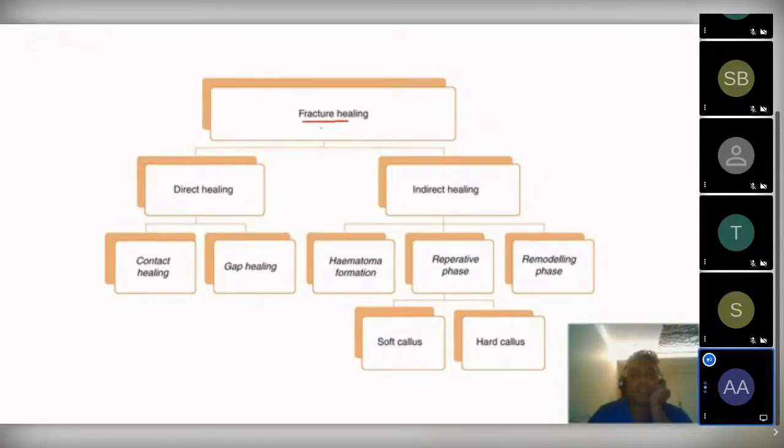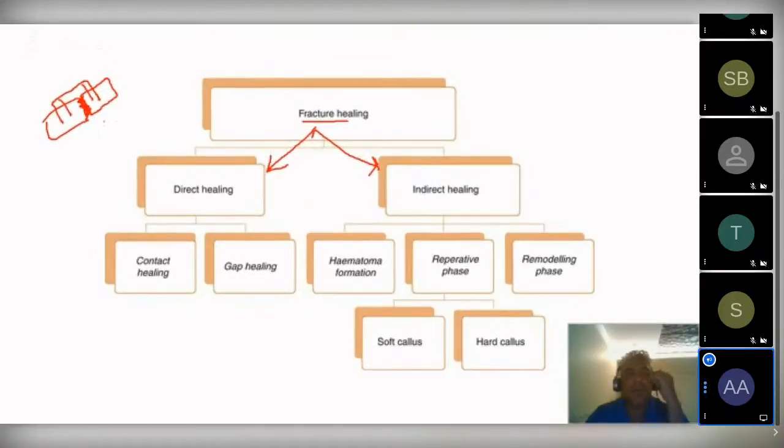Fracture healing can be direct healing or indirect healing. Direct healing means if the fracture is reduced to a hairline reduction and fixed by a plate, there is directly bone formation.